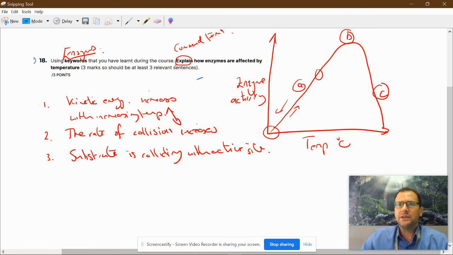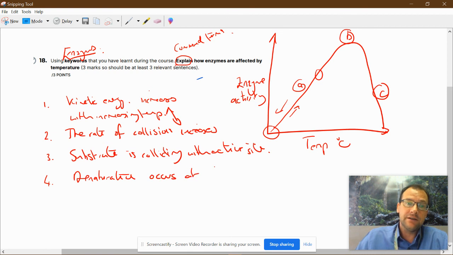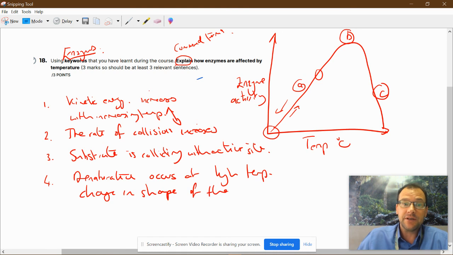But what's happening at C? As we go over the optimum, we don't just say that reaction rate decreases. We say at high temperatures, denaturation occurs, and this involves a change in the shape of the active site.